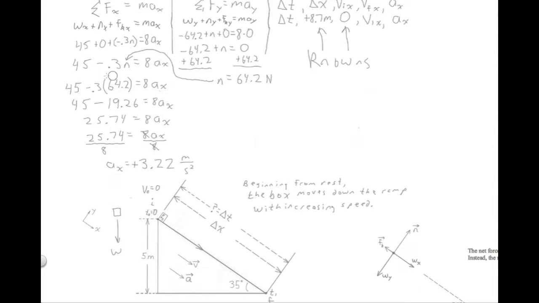A sub x came out to be positive because the force that's pulling in the positive direction is outweighing the force that's pulling in the negative direction. And now that shows that it makes good sense that A sub x came out to be positive. Remember from Newton's second law, Newton's second law shows us that net force x determines A sub x, just as net force y determines A sub y.